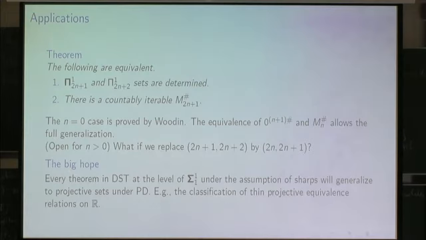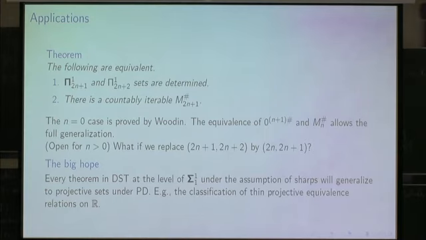So my big hope is that this whole work will enable every theorem in descriptive set theory at the level of sigma 1 or pi 1 under the assumption of sharps for reals. Every such theorem should generalize to the projective levels under the assumption of PD.